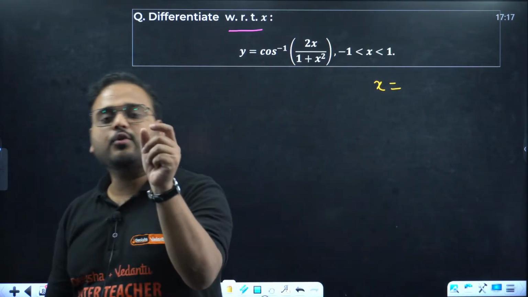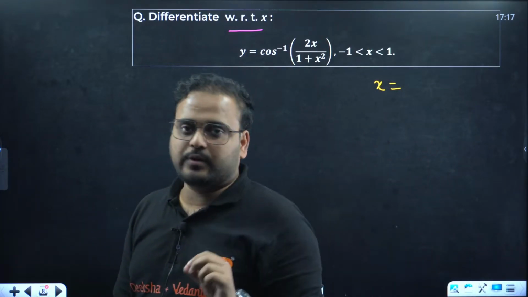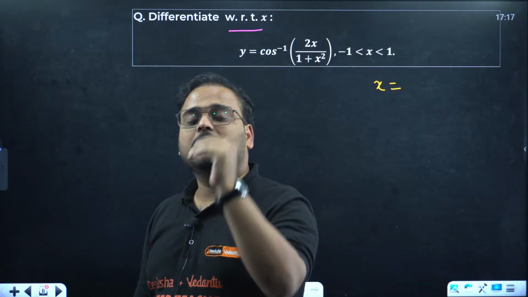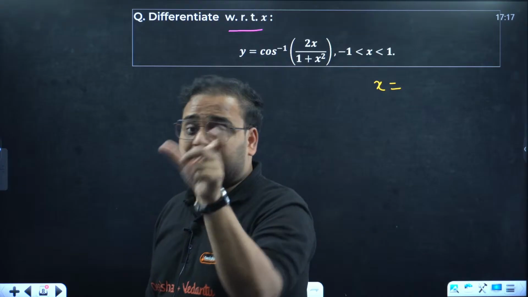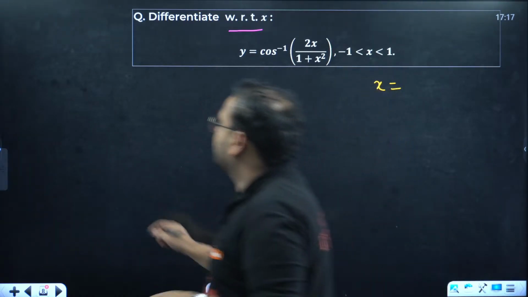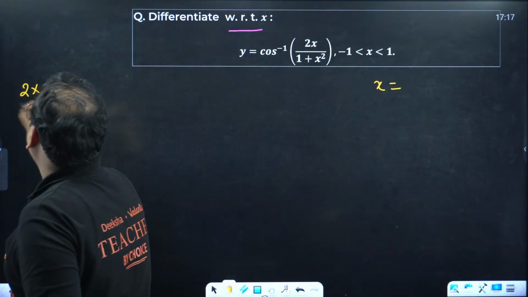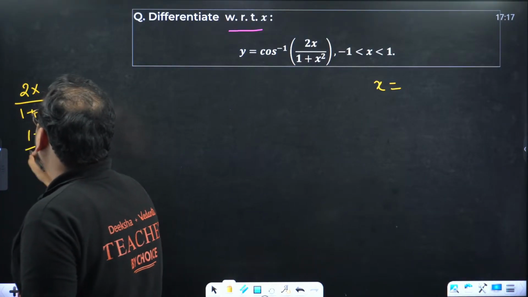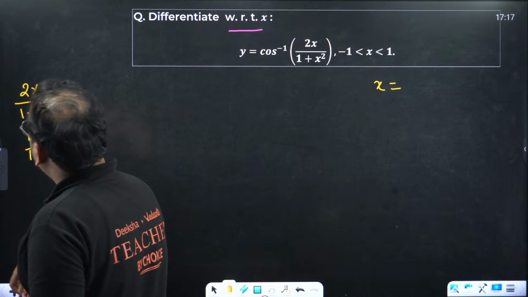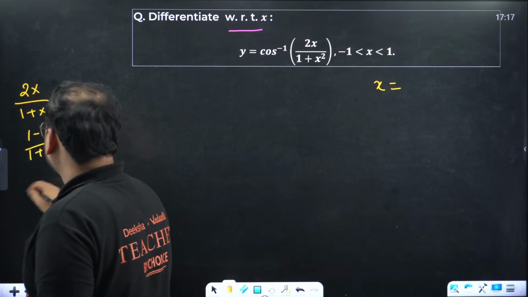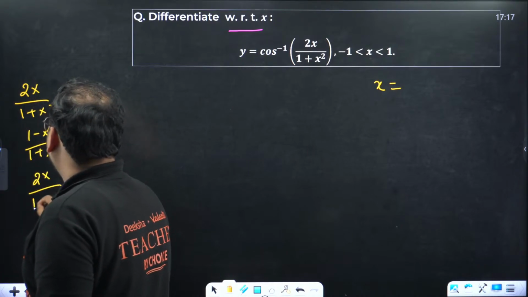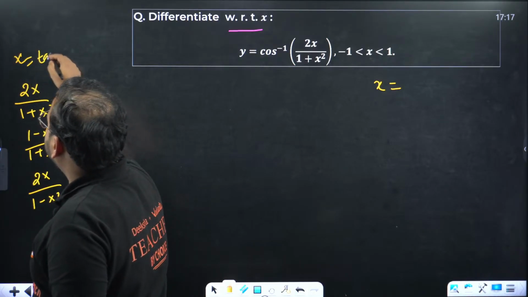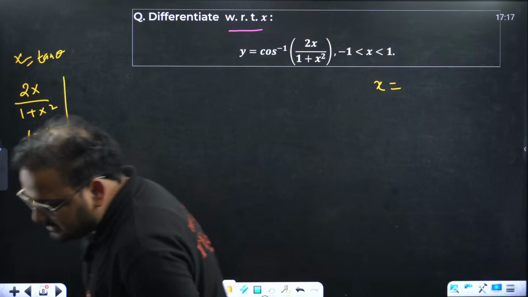So remember, whenever you have 2x upon 1 plus x square, 1 minus x square upon 1 plus x square, or 2x upon 1 minus x square, in all these cases you take x as tan theta.